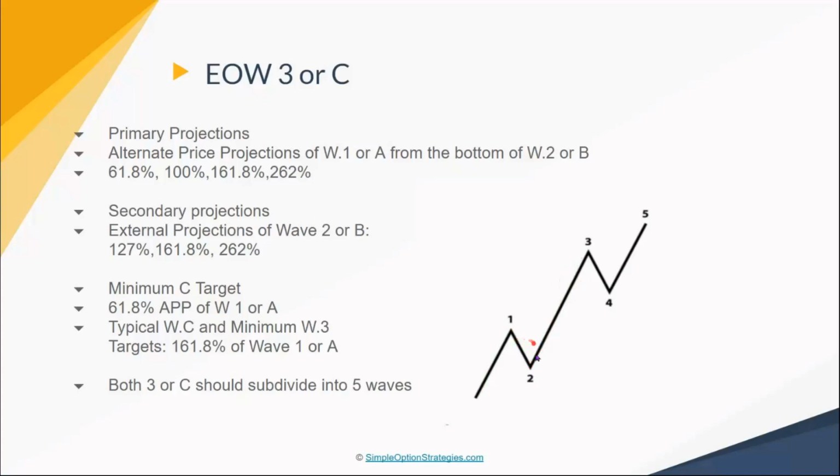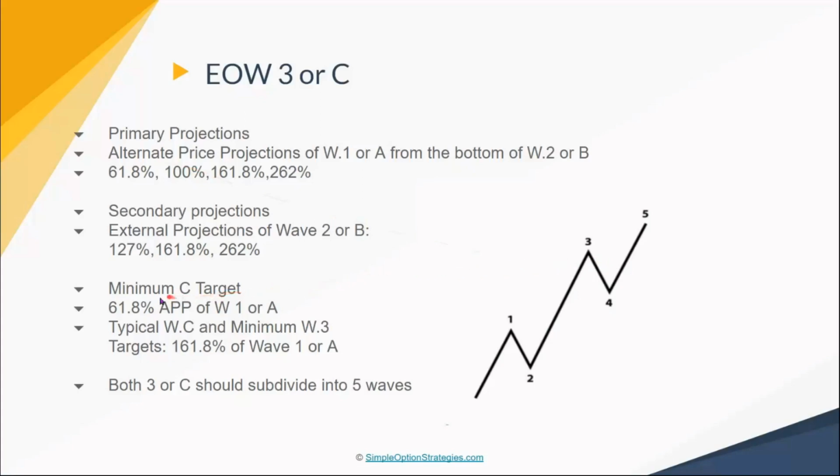If you're getting these fractals in here, 1, 2, 3, 4, you can take the 127 to 161.8 and you'll get this number up here. So when you do that, you're going to get a zone up here for a wave 3. And I'll show you these in a couple of charts after we take a look at this.